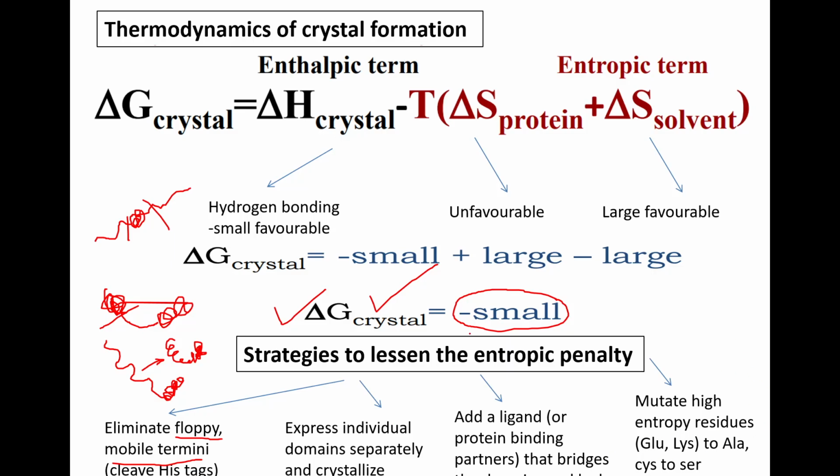Or sometimes, if you have some high entropic residues, like glycines, which are mostly present in these floppy ends. As I said, glycines have high entropy, and glycines and prolines want to stay in these floppy ends or in the loop regions.